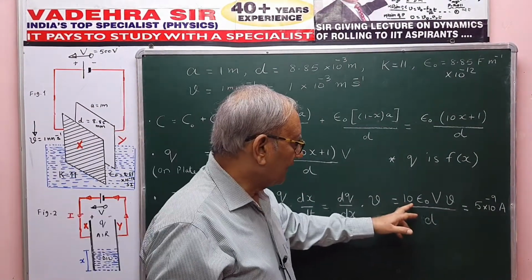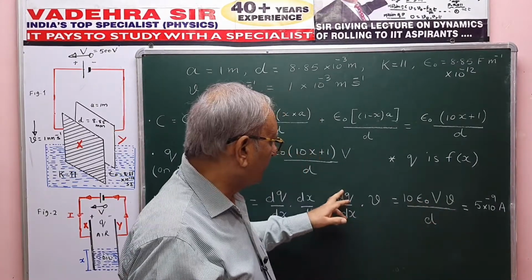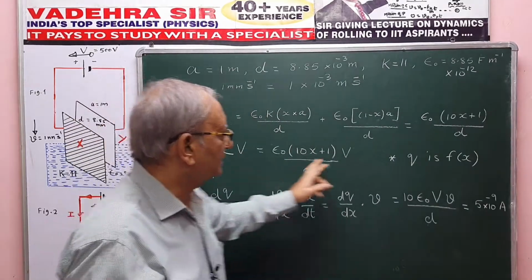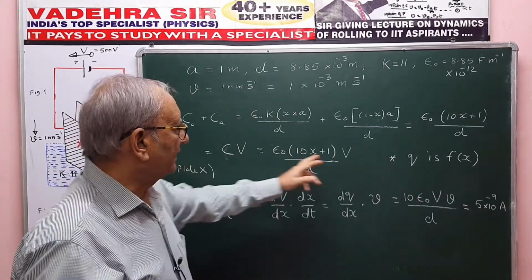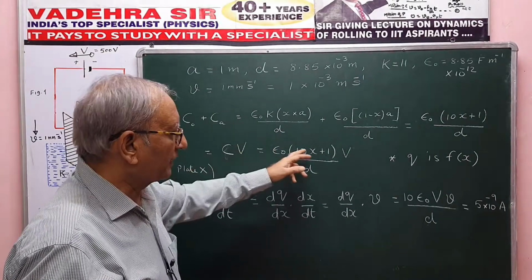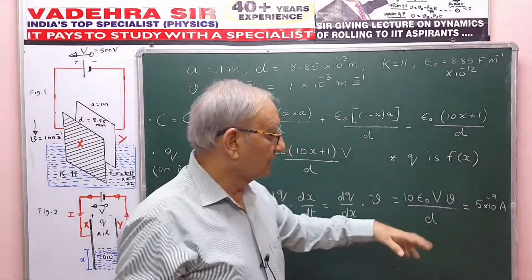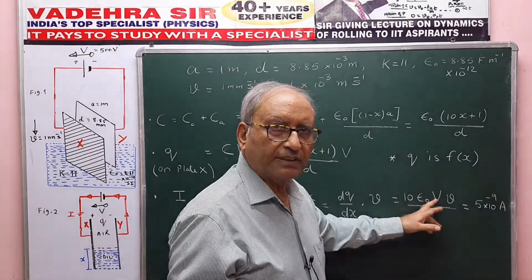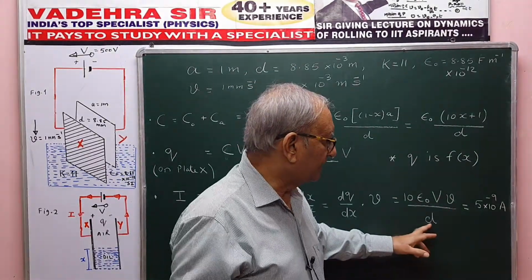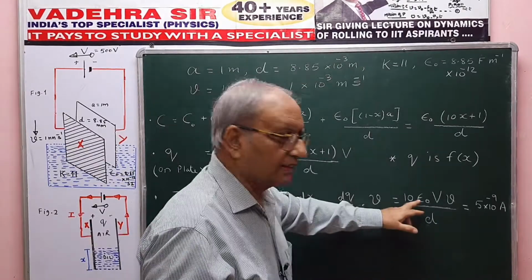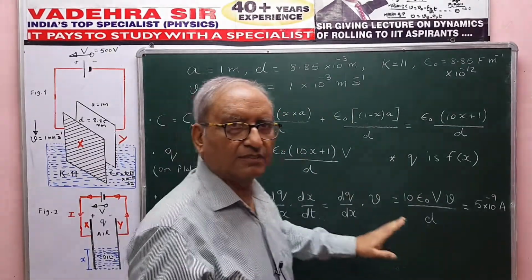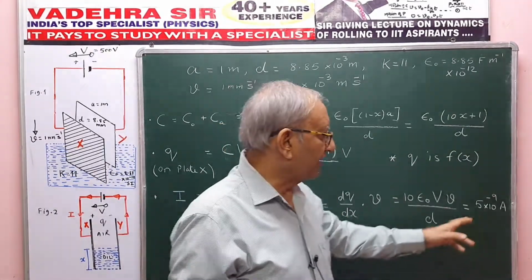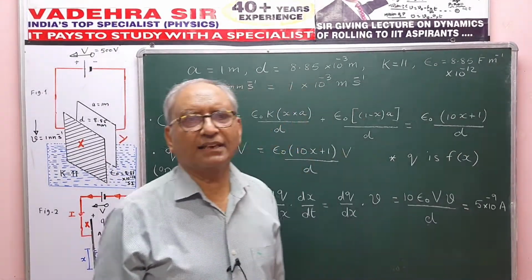That becomes 10 epsilon naught V v upon d, because I take the derivative of q with respect to x. I get a neat answer: 10 epsilon naught, voltage into velocity, divided by d. I put the figures in this expression, all the values that are given, and I get the answer 5 nanoampere, so 5 times 10 to the power minus 9 ampere.